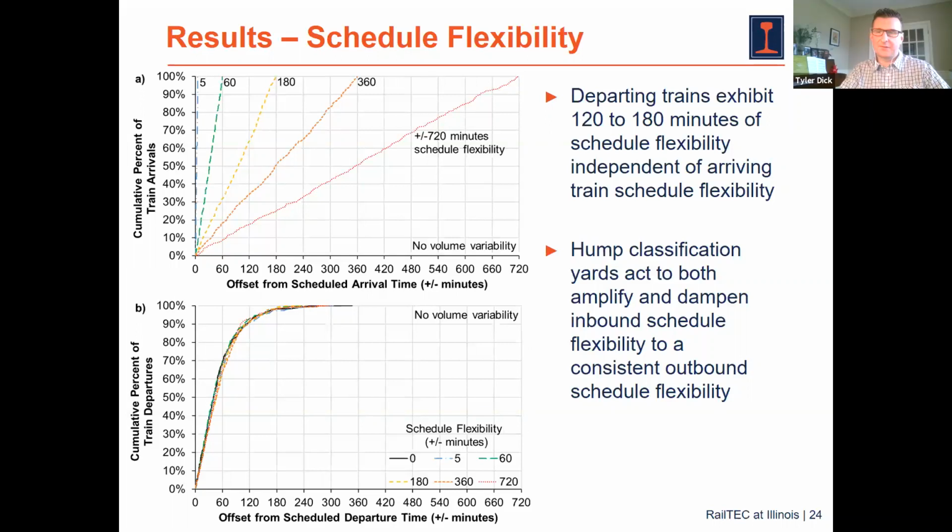That's correct. The model isn't tracking specifically all those interactions between the locomotives and crews, which are one of the sources of resource constraints on this network efficiency cycle. So that's a very good point, Marty.